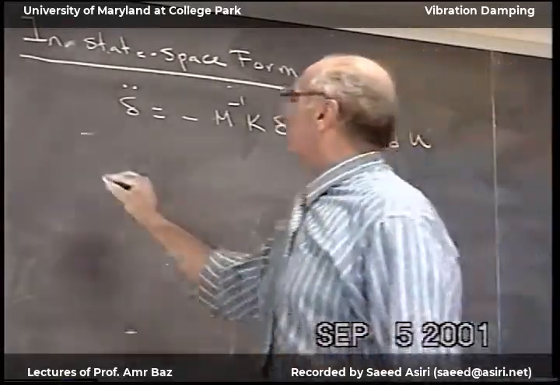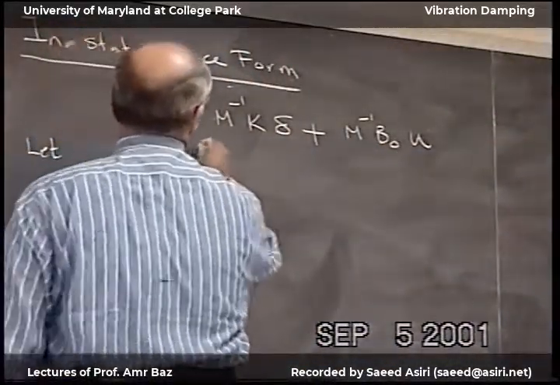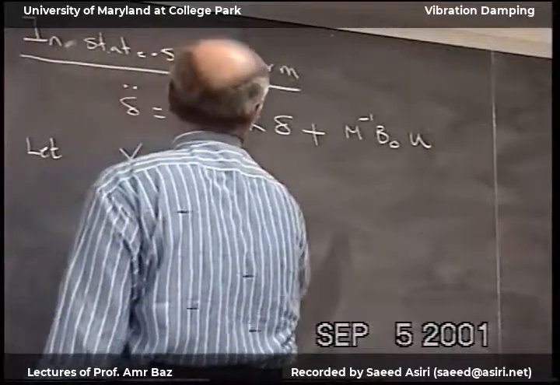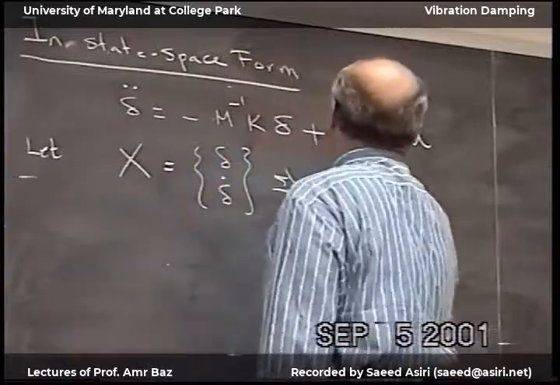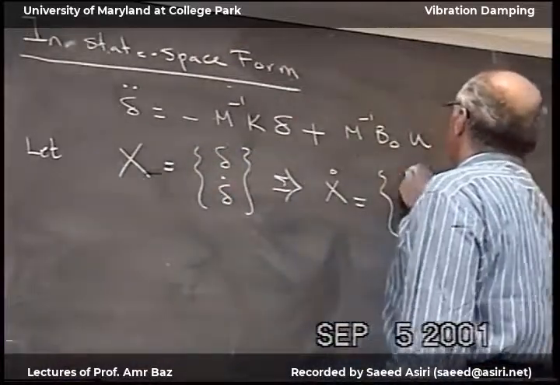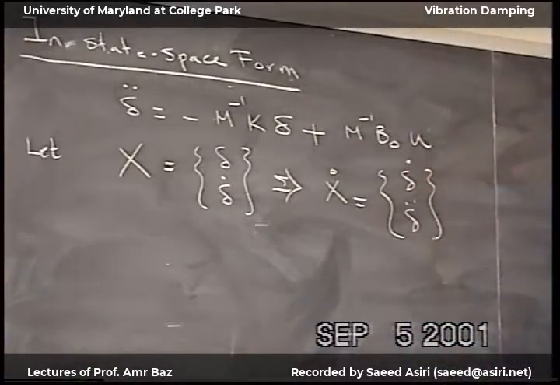And then I'll say here let vector x be made of delta and delta dot. Then x dot will equal delta dot and delta double dot. And I'm going to rewrite this as follows.